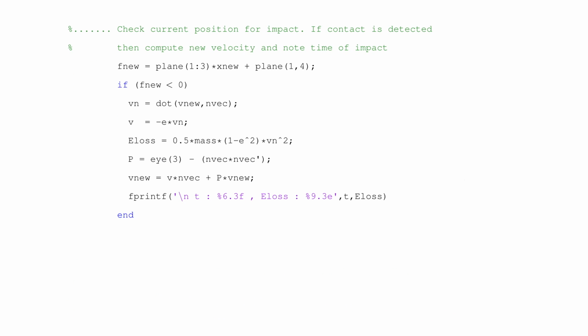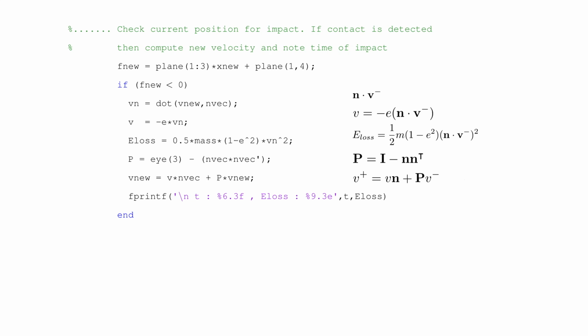So this is what the actual MATLAB code for detecting contact for a two-dimensional plane actually looks like. In the equations, we define this Vn because we use it in multiple places, but that's just the velocity before impact in the n direction, so n dot v. And then we have that little v, which I just mentioned, is the scaled velocity after impact.